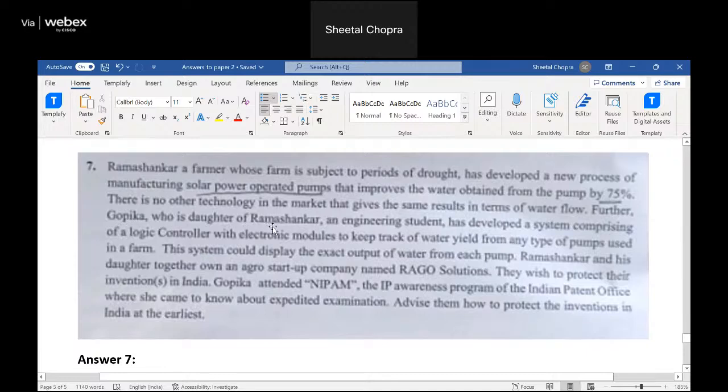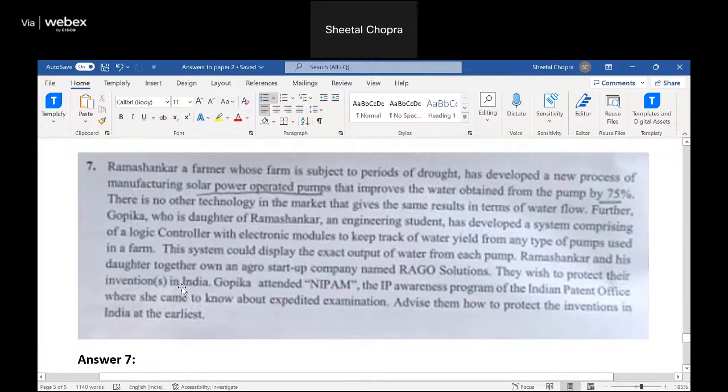Further, Gopika, his daughter, an engineering student, has developed a system comprising a logic controller with electronic modules to keep track of the water yield from any type of pumps used in the farm. This system could display the exact output of water from each pump.